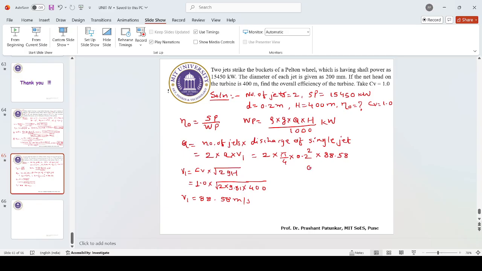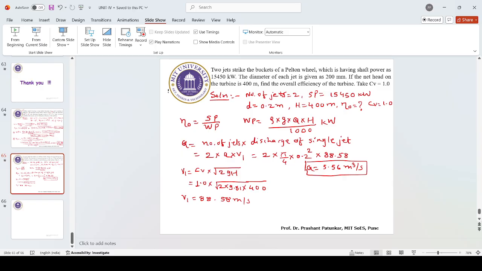So if I make the calculation, I get the total discharge passing through both the jets as 5.56 meter cube per second. The discharge from both the jets of this Pelton wheel is evaluated as 5.56 meter cube per second.